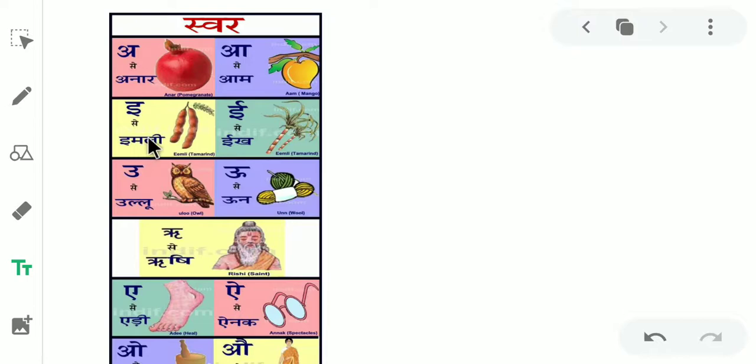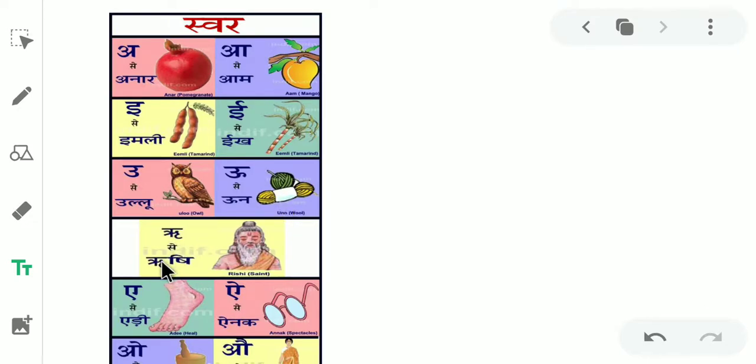In English you can say tamarind. E means eekh, or sugarcane. U means ullu, or in English you can say owl. U means un, wool.